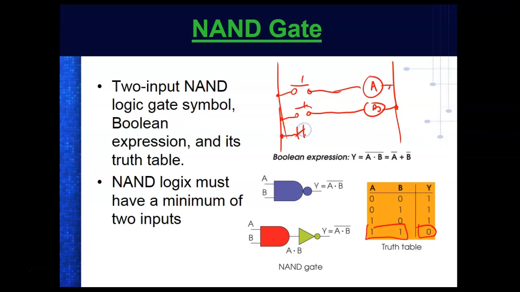So I'm going to use normally closed contacts. Here's my light bulb. Then I'm going to come down here and do this. Here's A and B, and that's a NAND. So my rung starts off true. And how do I make it go false? Both of them, or all of them.